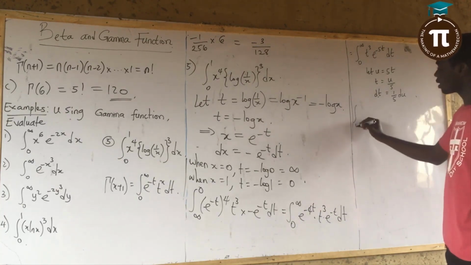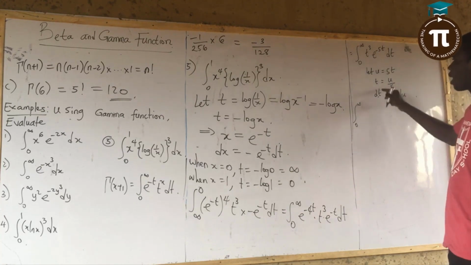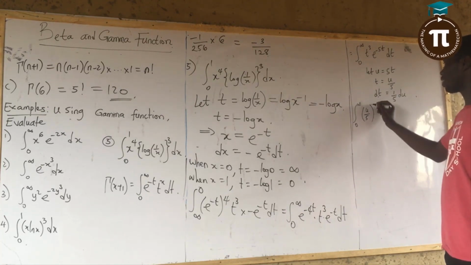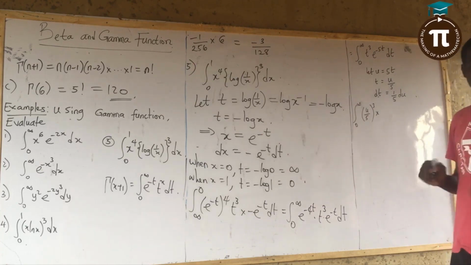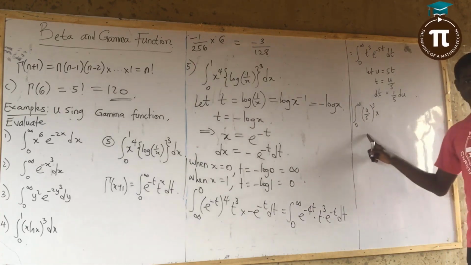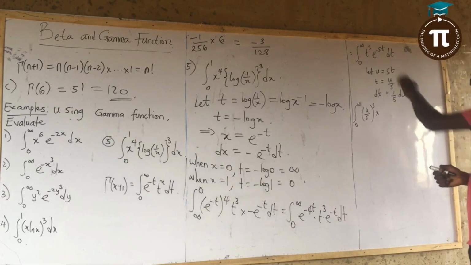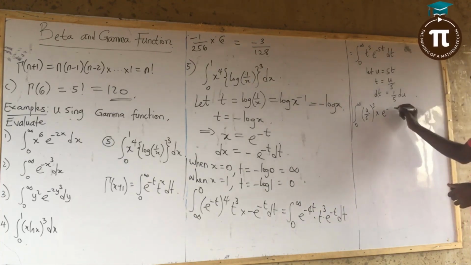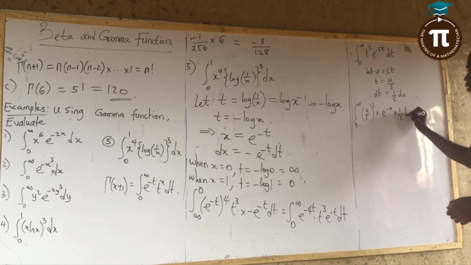So our integral from 0 to infinity of t raised to power 3, where t is u over 5, u over 5 raised to power 3, multiplied by e raised to power minus u, and dt is 1 over 5 du.